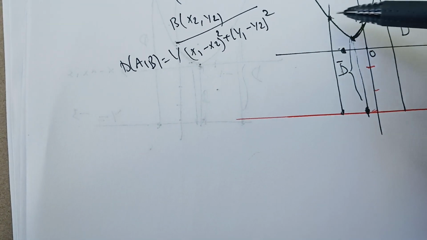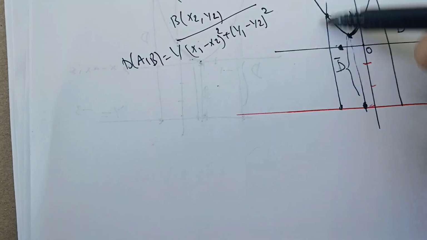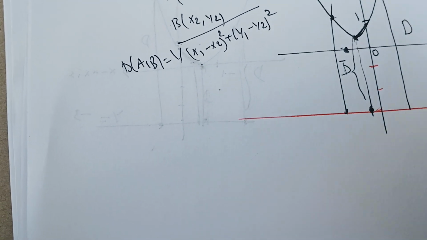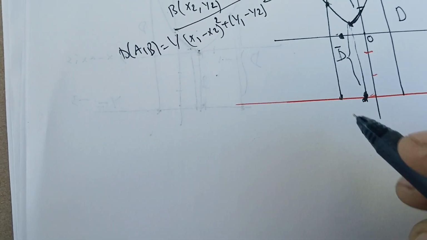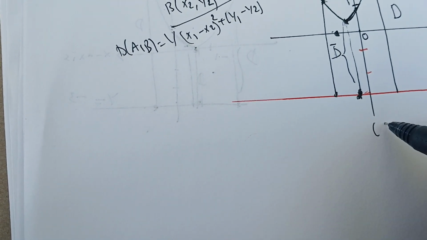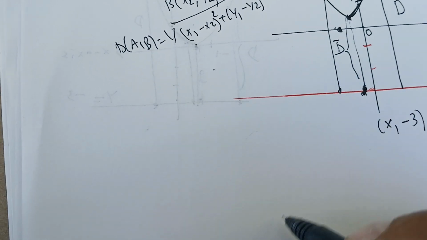Given that they are always on the same vertical line, that means they have the same x. This is a great idea that will help us. For this person, x is changing, but y is always -3.